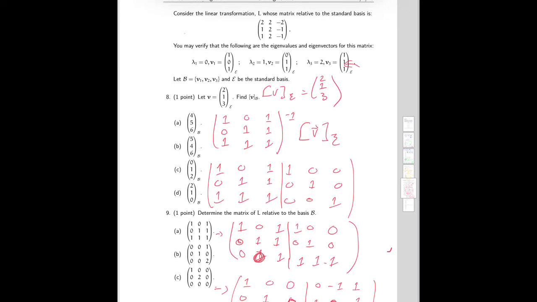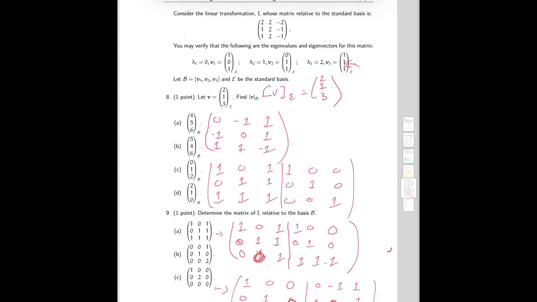Okay, and so that's the change of basis matrix. Now I'm going to erase this. So this is 0, minus 1, 1, minus 1, 0, 1, 1, 1, minus 1.